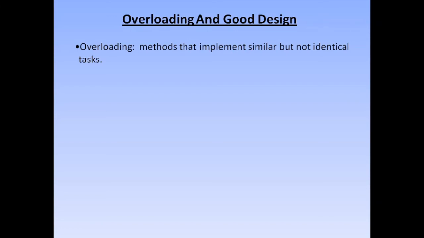Suppose we are creating functions called area, and this area has to be calculated for a square, a rectangle, a triangle, and a trapezium. Then what will we do? We will name the method area, and then we will pass the arguments accordingly. So the respective overloaded form of the constructor will be called.